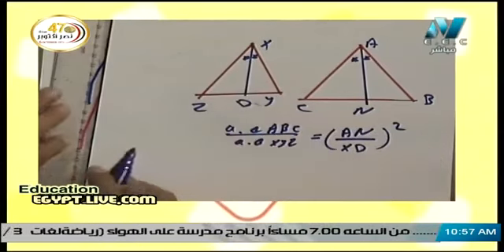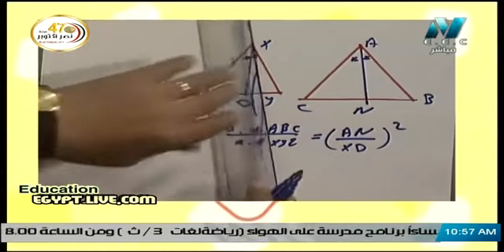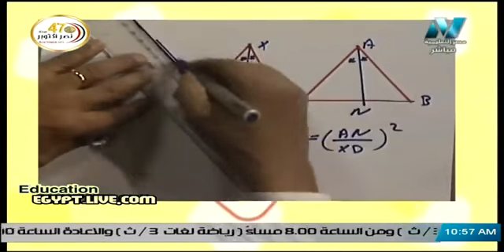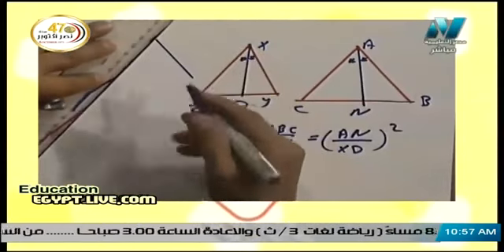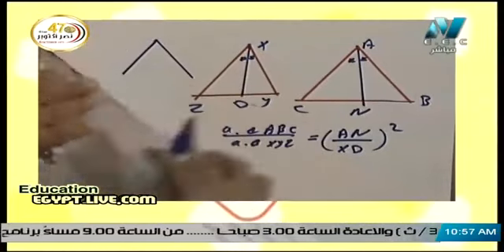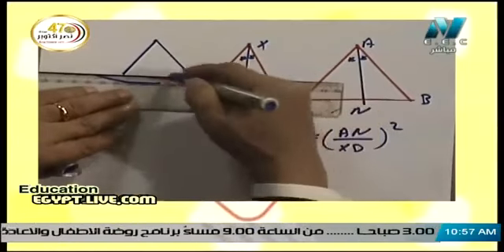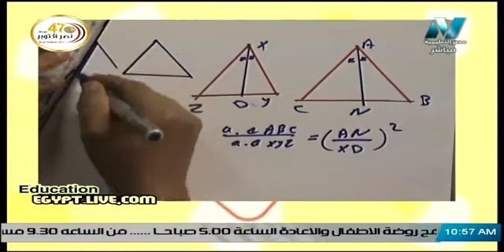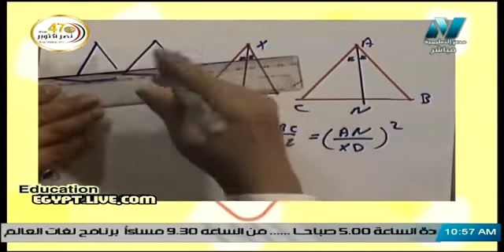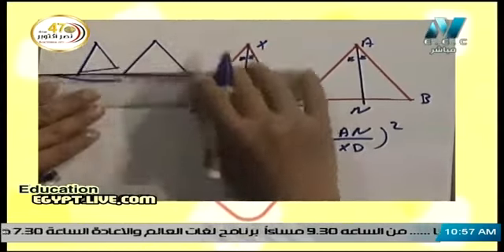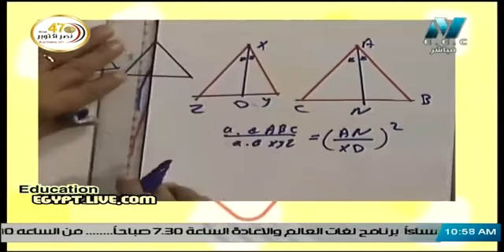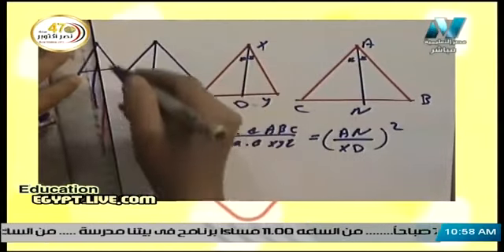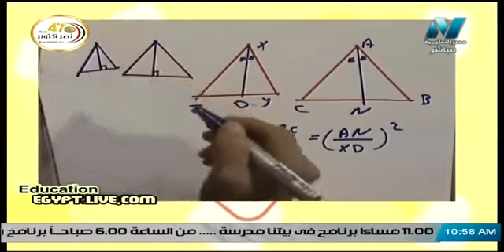Also, if we have two triangles like that, quickly we can say about two triangles, and we have this perpendicular line segment and this perpendicular one also.